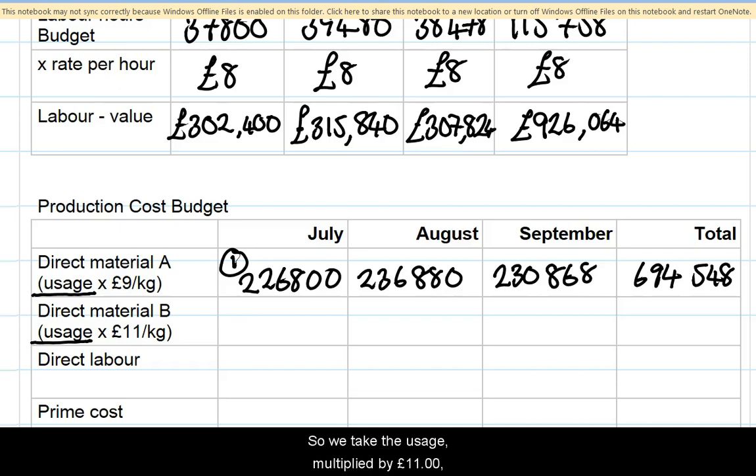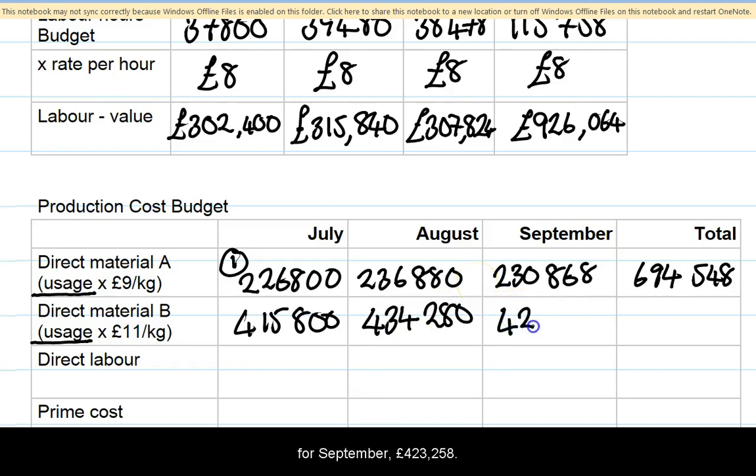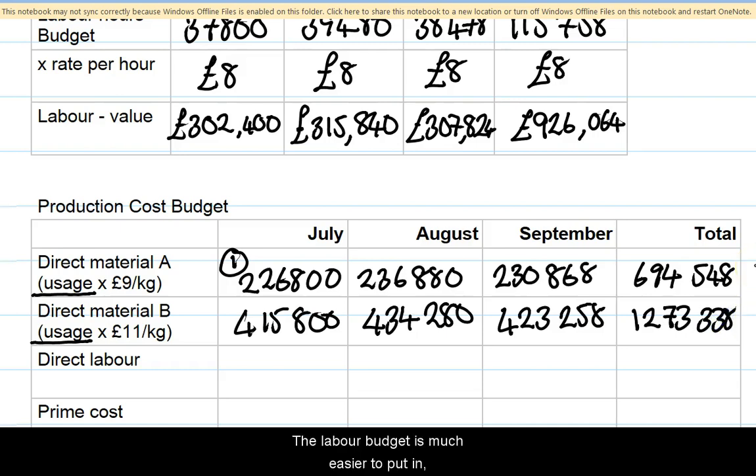So we take the usage multiplied by £11: £415,800. For August, £434,280. For September, £423,258. In total, £1,273,338.